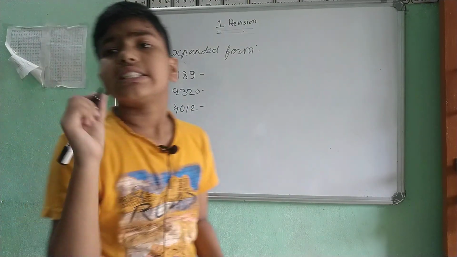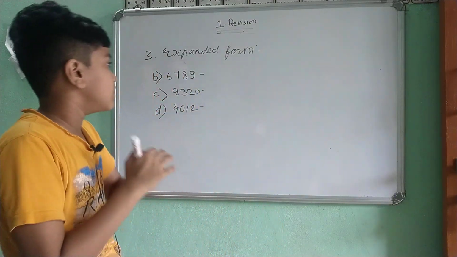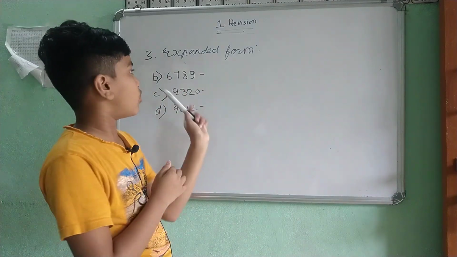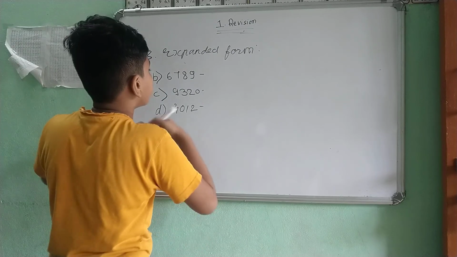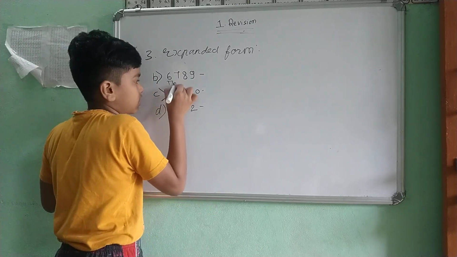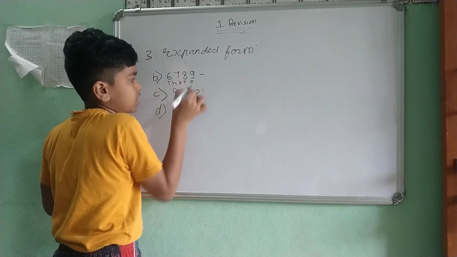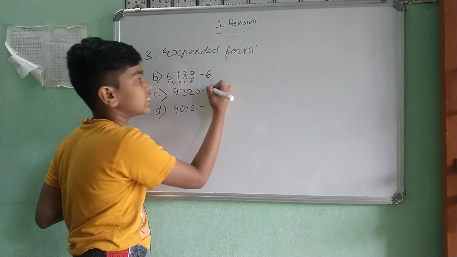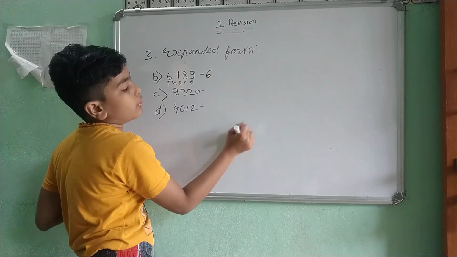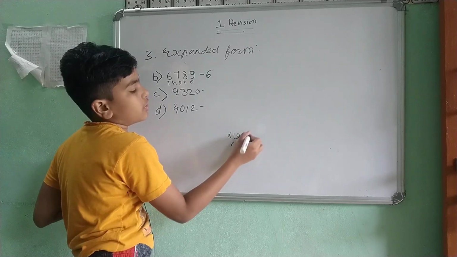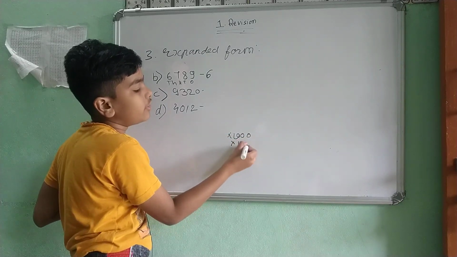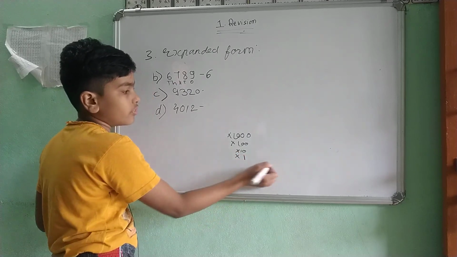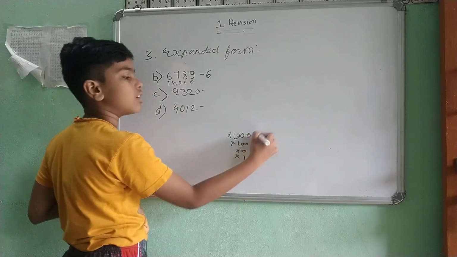Now, what is the first one? 6,789, expanded form only. Now, 6, which place? Thousands, hundreds, tens, ones. So what you have to do is, 6 into 1,000, 7 into 100, 8 into tens, 9 into ones.